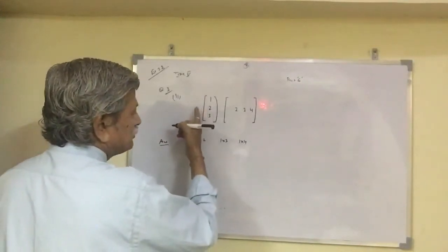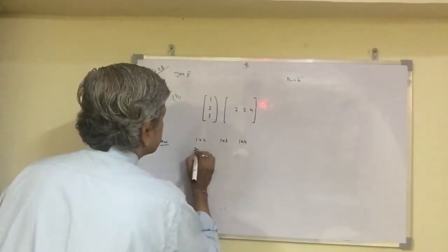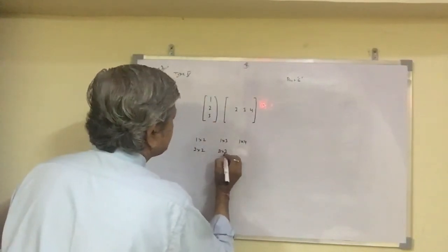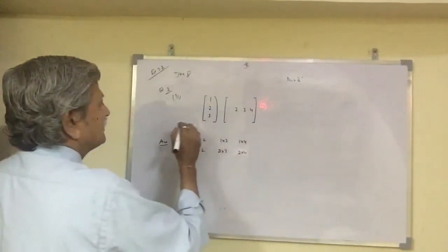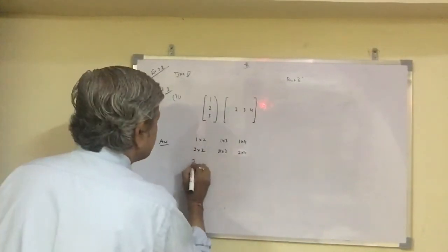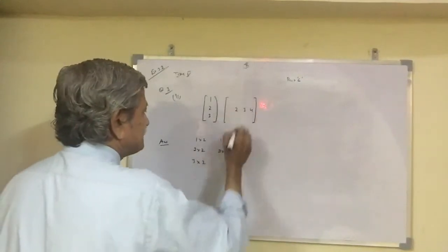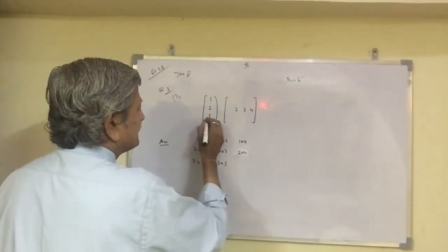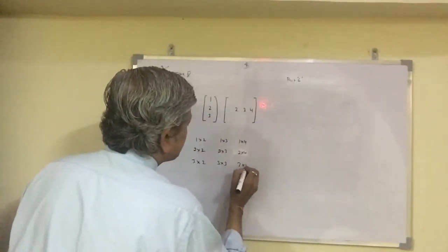Then you choose second row and first column, so 2 into 2, then 2 into 3, then 2 into 4. Similarly third row, first column, 3 into 2, then third row with second column 3 into 3, then third row with third column, which is 3 into 4.